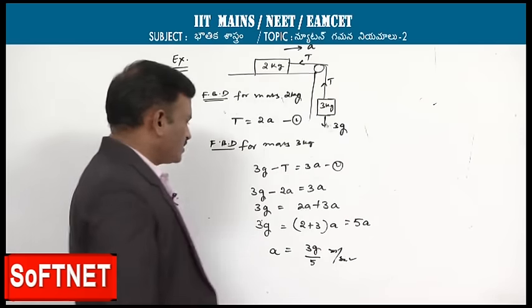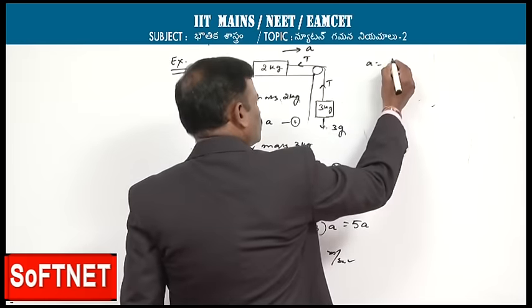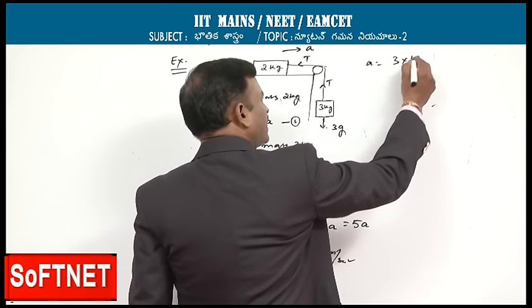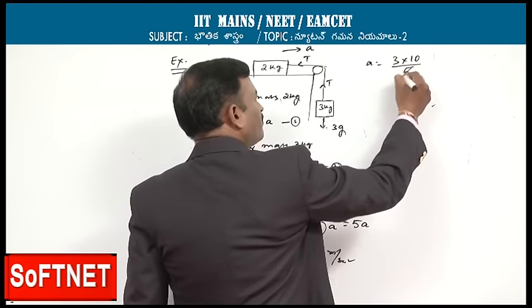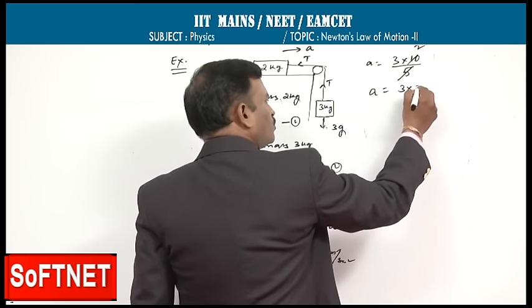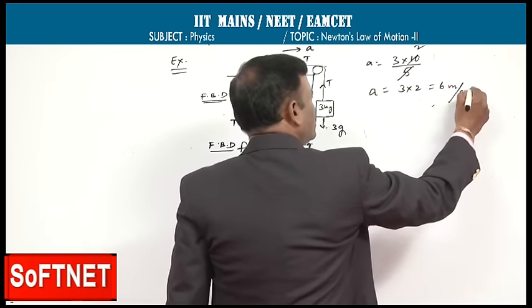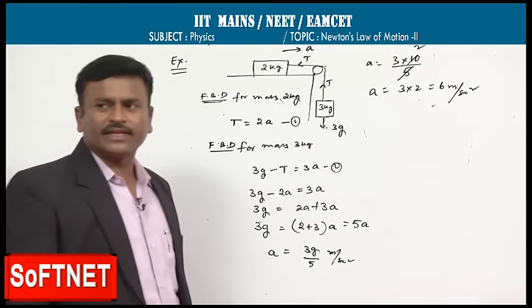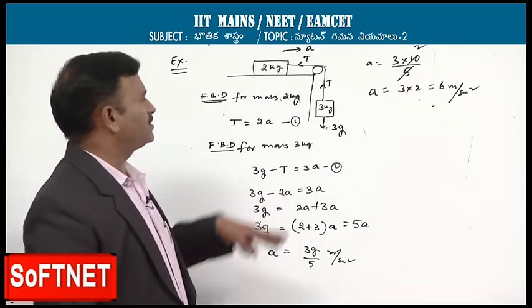Here let us take g as 10: A is equal to 3 into 10 by 5, 5 ones, 5 twos, A should be equal to 3 into 2, that is 6 meter per second square. It is acceleration of the system.